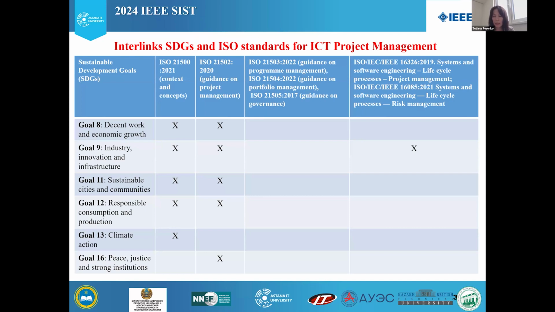The identified links indicate that the project management approach mainly focuses on achieving economic impacts, SDG 8, 9, and 12, and to a lesser extent on social impacts, SDGs 11 and 16.